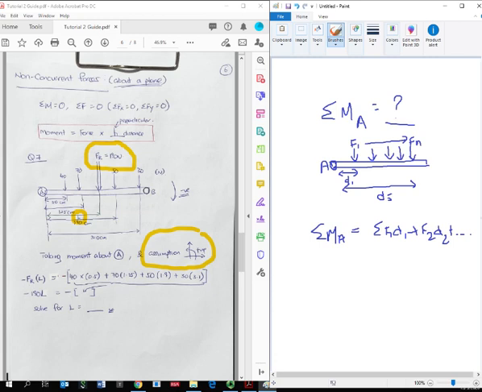Down here there are 4, so basically you just add 4 moments. When you have the 4 moments together, you sum them up, and after that determine the direction. They are coming down this way, so the moment is negative because it's clockwise. That's why over here I have a negative, so please do take note.